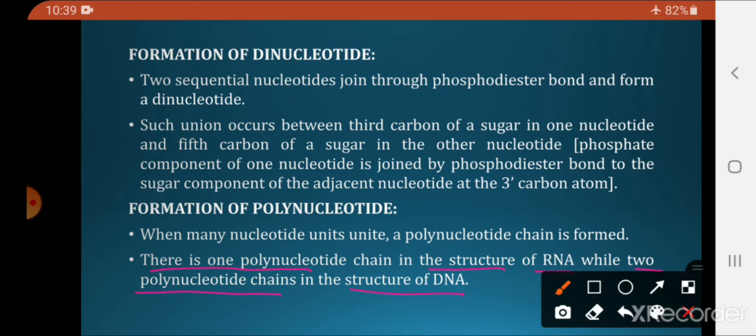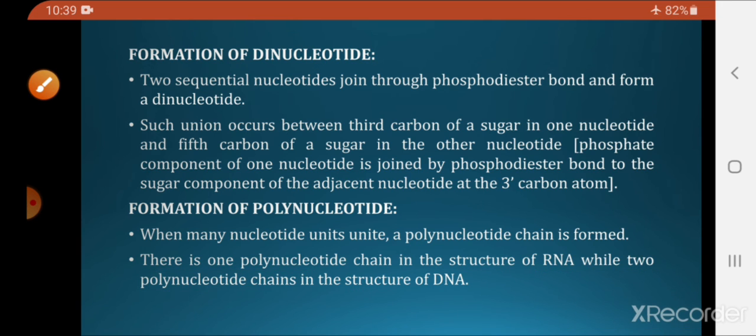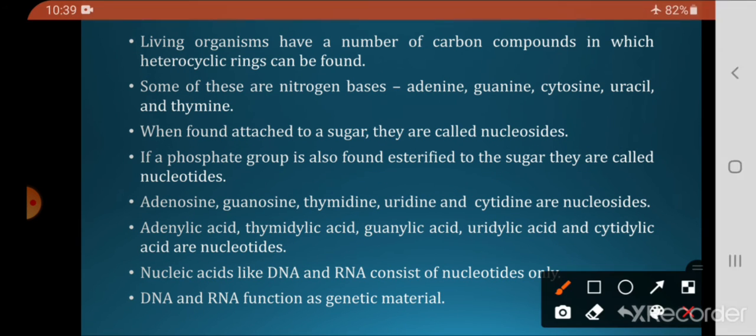We will study the detailed structure of DNA and RNA in your 12th standard.